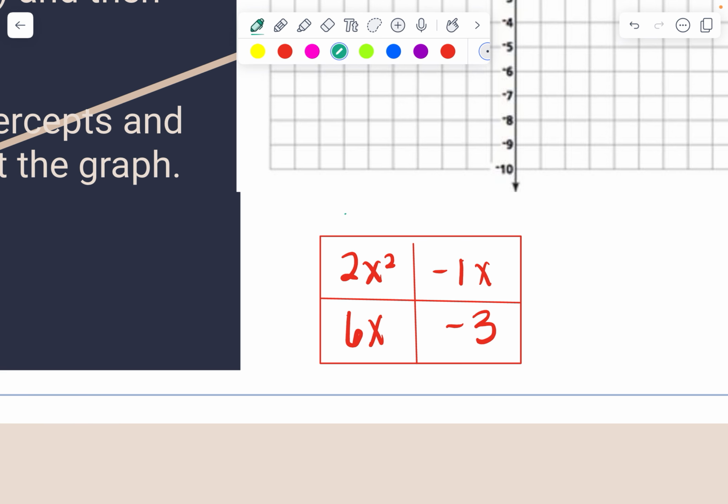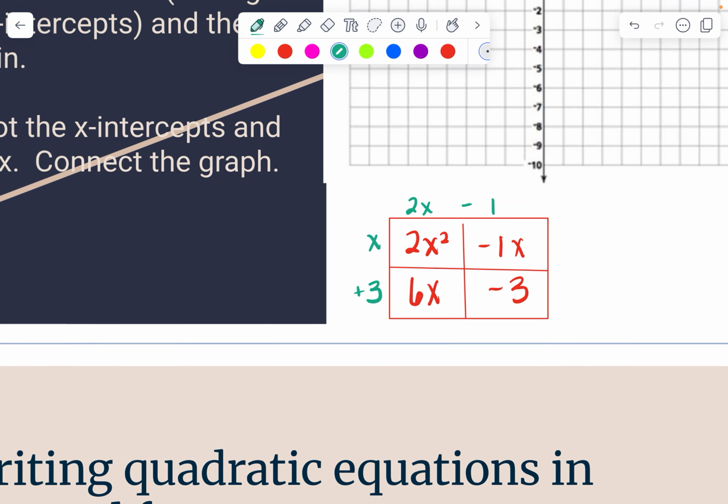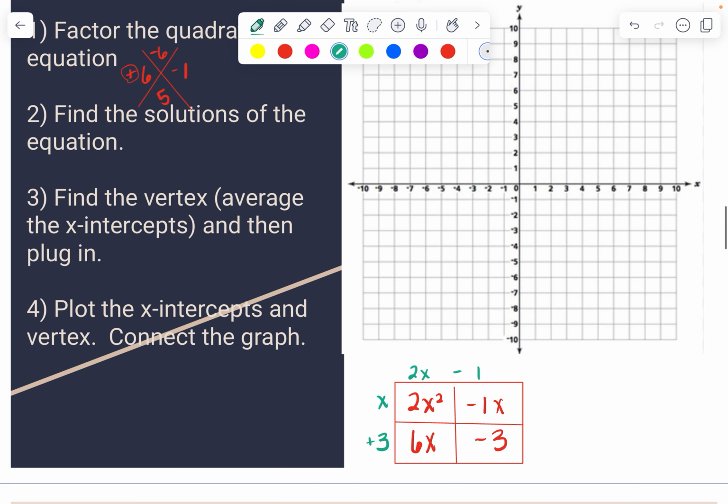So the GCF of 2x squared and 6x is 2x. GCF of 2x squared and negative 1x is x. GCF of 6x and negative 3 is 3. And the GCF of negative 1 and negative 3 is 1. So those are my factors, 2x minus 1 and x plus 3.